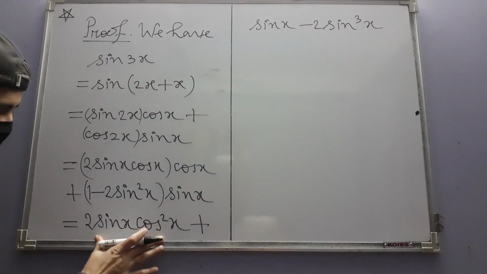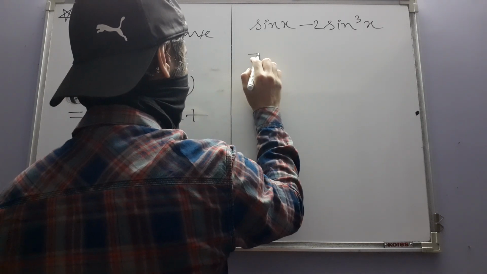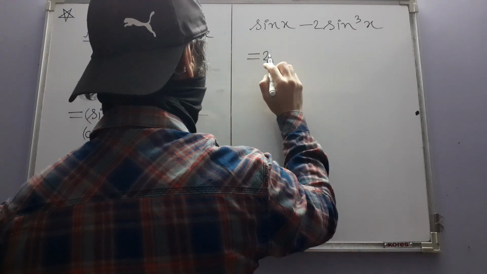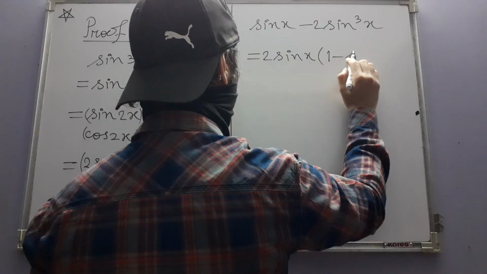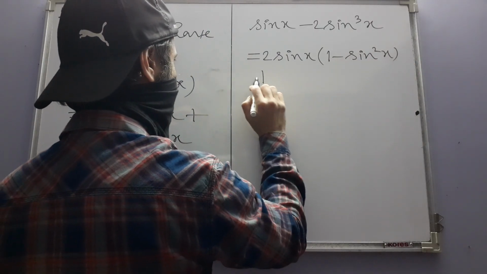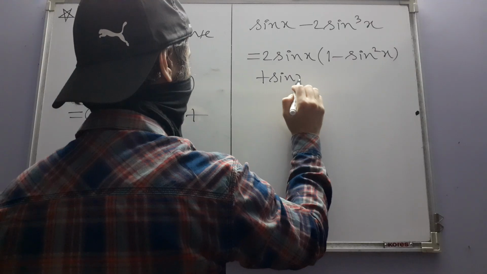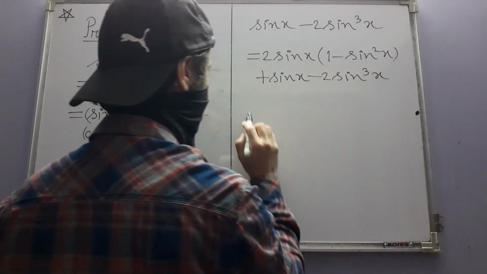Okay, but now we need to do something about this cos square x. In place of it, you write 1 minus sin square x. So you will have 2 sin x times 1 minus sin square x plus sin x minus 2 sin cube x.